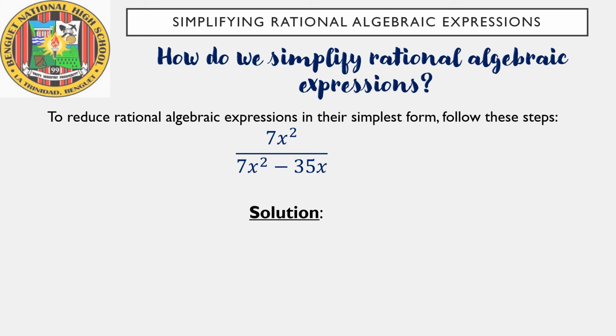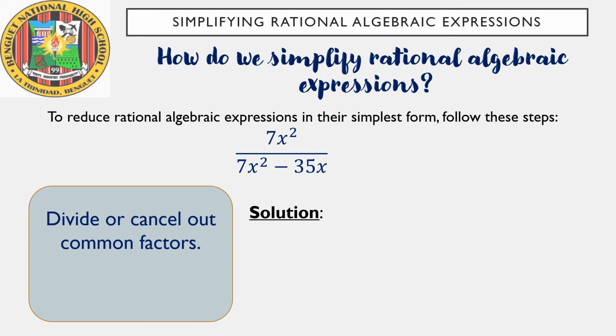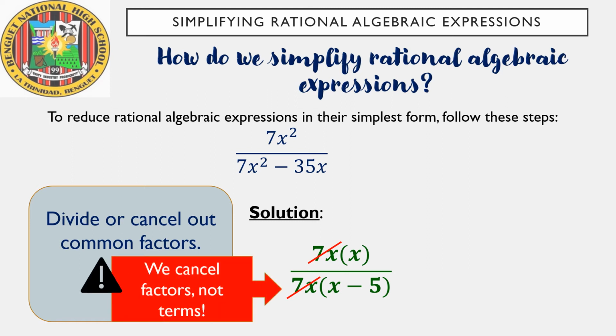After factoring out the expression, we divide or cancel out the common factors. In this case, we see that 7x is the common factor between the numerator and denominator, so we cancel that out, leaving x and x minus 5. Be careful though, we only cancel factors, not terms.